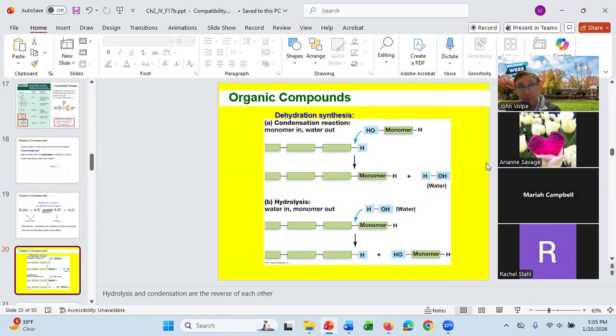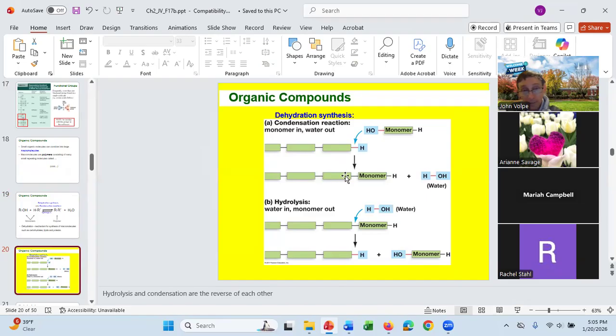Looking at that in a different form, here we have a monomer, and this is going to join with a smaller polymer, hydrogen coming off the polymer, OH coming off the monomer, forming water, and then the monomer will be bound directly to the polymer.